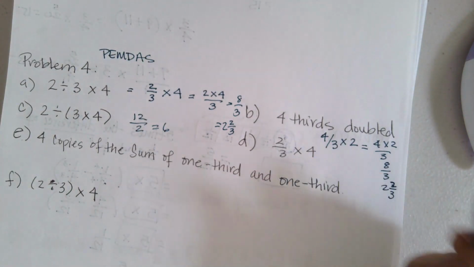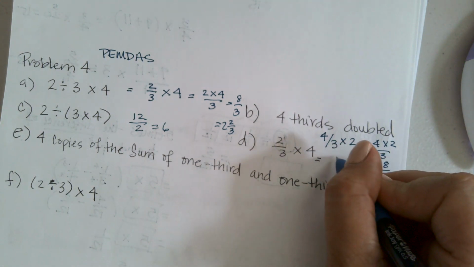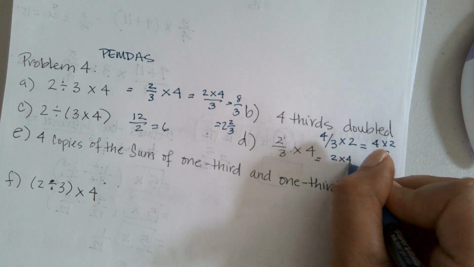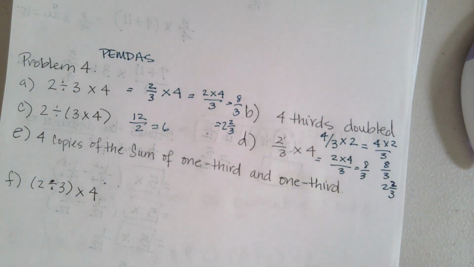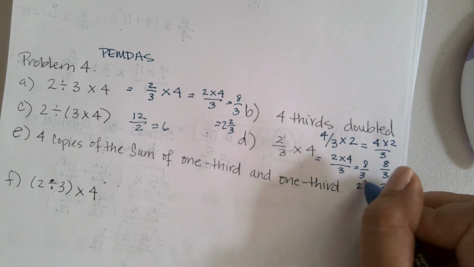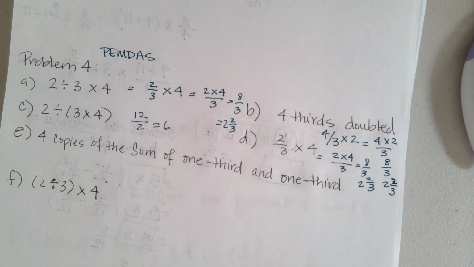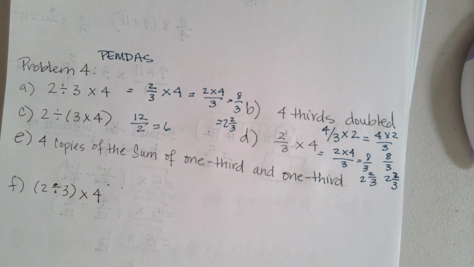All right, so now let's go back here. This is exactly the same. Look at this. 2 times 4 over 3. It gives us 8/3 again, which gives us 2 2/3. All right, part E. 4 copies of the sum of 1/3 and 1/3.